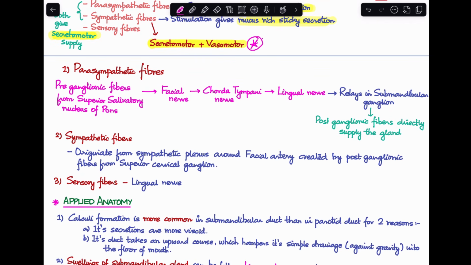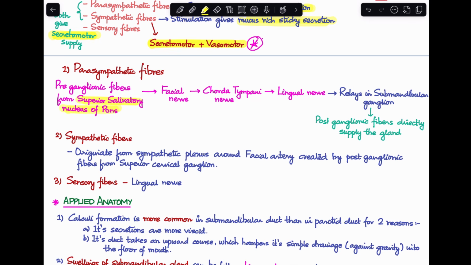Now let's look at the pathway of the supply. First, we'll talk about parasympathetic fibers. The preganglionic fibers come from the superior salivatory nucleus of the pons. We remember that when we were talking about the parotid gland nerve supply, the preganglionic fibers originated from the inferior salivatory nucleus of the medulla.